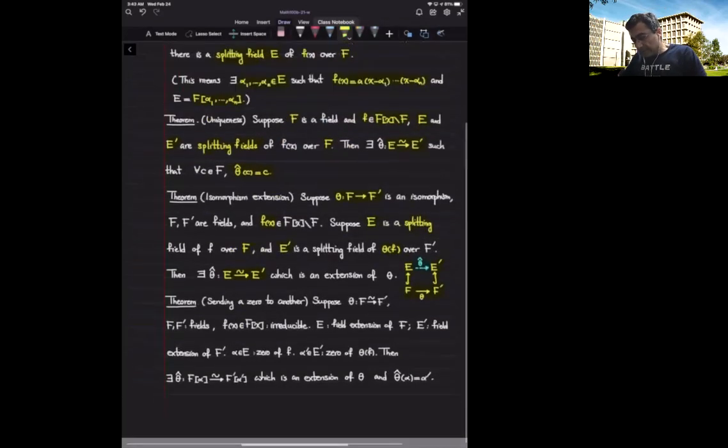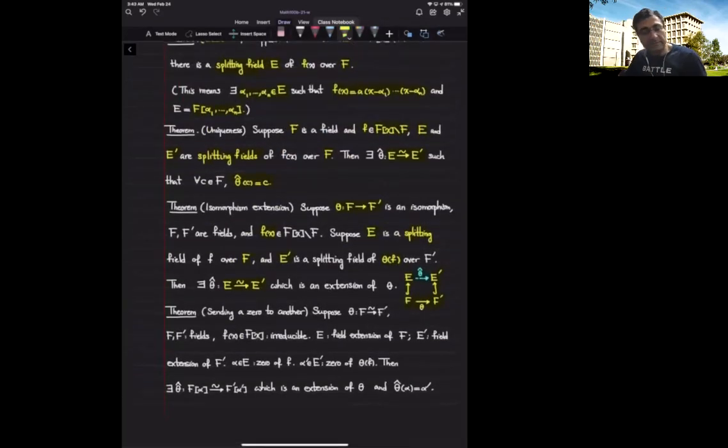Okay, and the proof of this isomorphism extension was based on the case where the polynomial is irreducible, in which case we can have a stronger statement and say that a zero of this polynomial can go to another zero via some isomorphism. So again, what is the precise statement? Suppose I give you an isomorphism between the fields F and F prime.